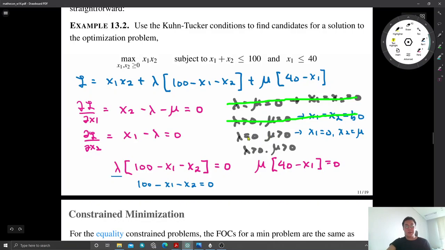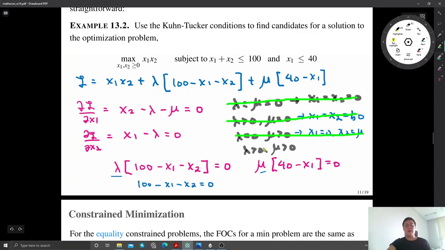If lambda is equal to 0, then x1 equals 0 is immediate from this equation. But if mu is strictly positive, by complementary slackness, x1 should be equal to 30. If x1 is equal to 0, there is no way to satisfy this slackness condition. Due to this contradiction, this case is also excluded.